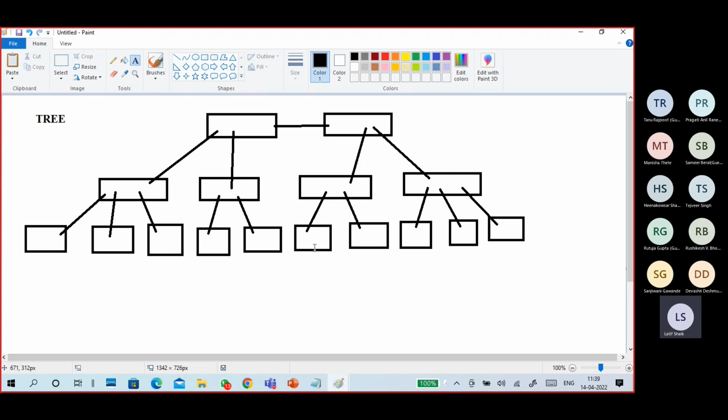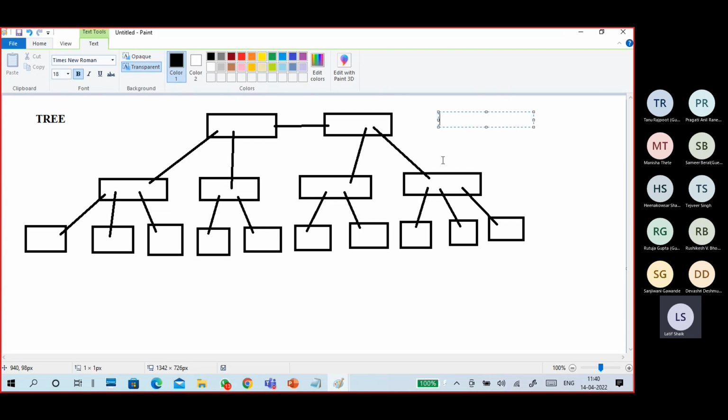People are putting names, but tree topology is like that: core routers connected to distribution routers, connected to customer premises or access layer routers. So this is how it is.